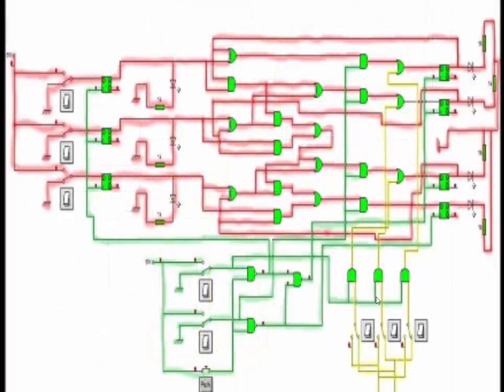This is a full highlighted schematic showing the path of electrons from the three different paths in the circuit.